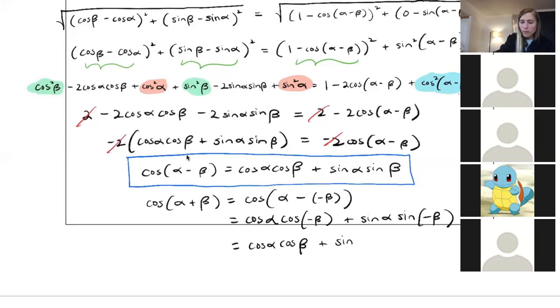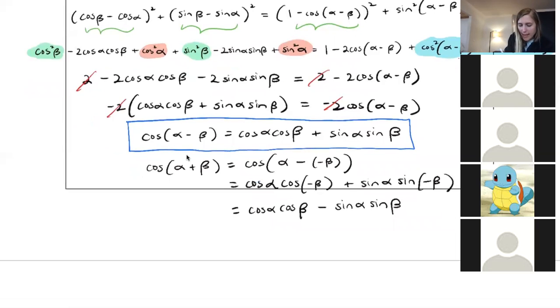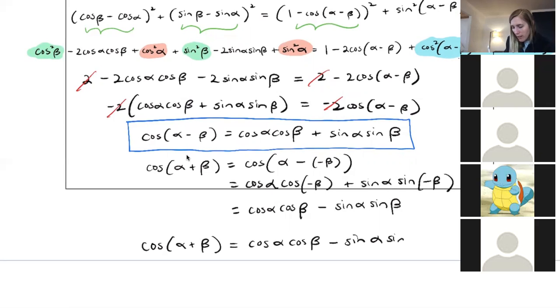So we can rewrite that as minus sine alpha sine beta. So that's the sum identity for cosine. Cosine of alpha plus beta equals cosine alpha cosine beta minus sine alpha sine beta.